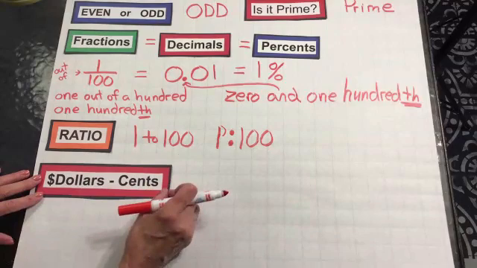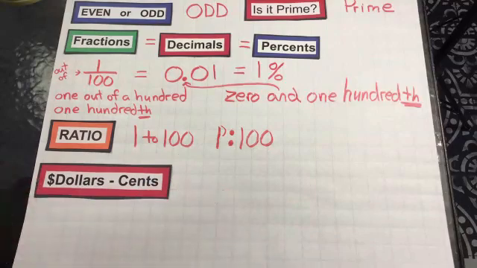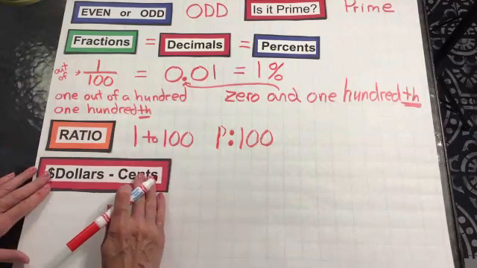We're talking dollar and cents. So we have something similar to the decimal, but this time we're going to put it in dollar form.